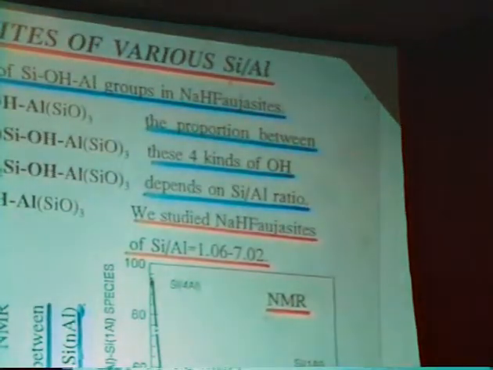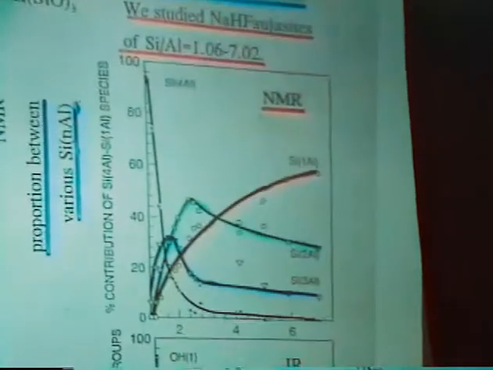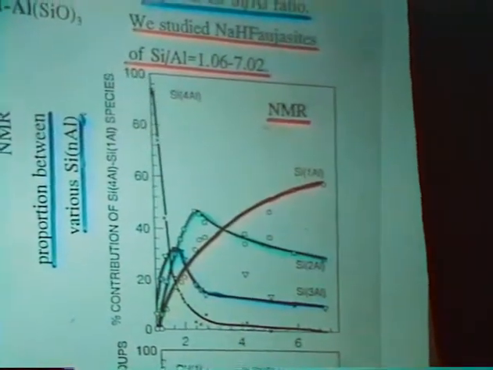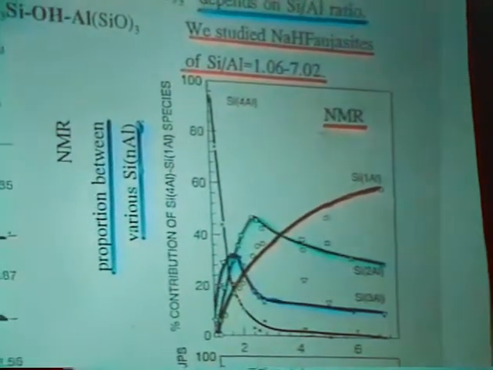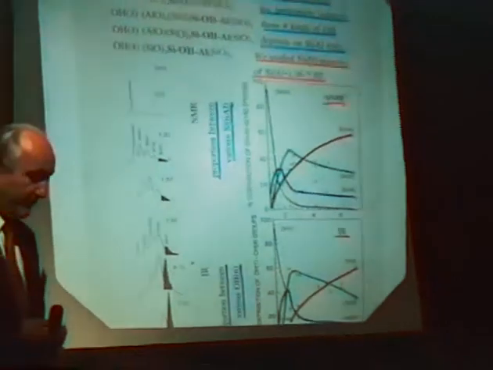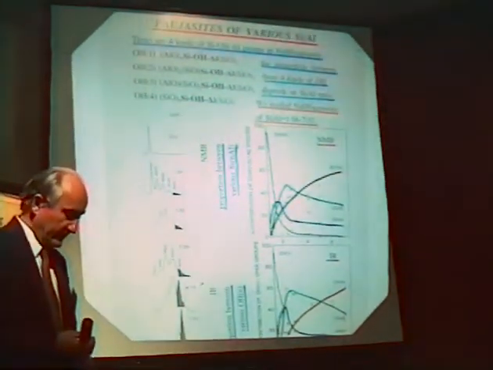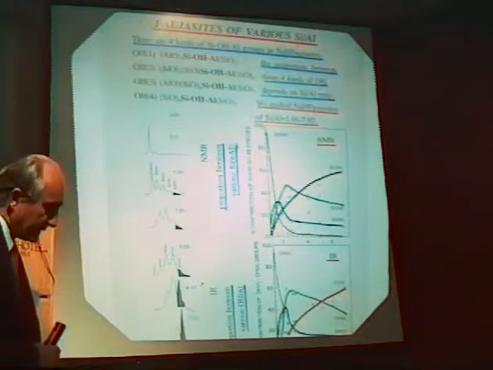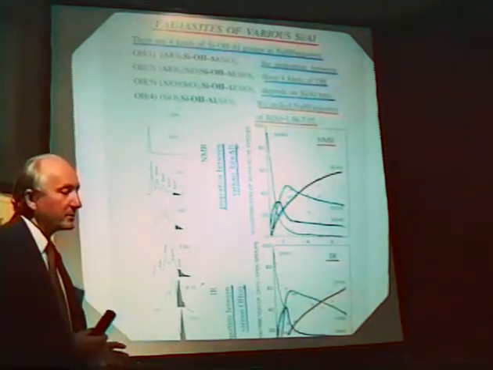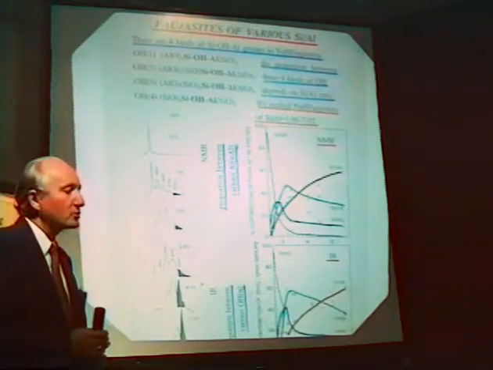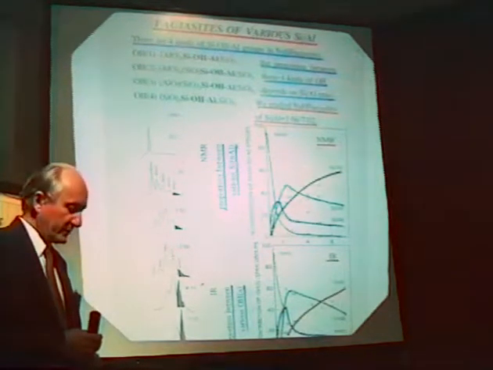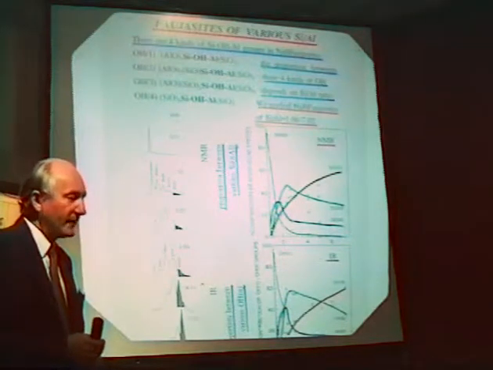And we know from NMR data that the proportion between the various Si species having various numbers of Al depends strongly on Al content. So we expected that the proportions between the corresponding OH groups would depend on the composition of zeolite in the same way.